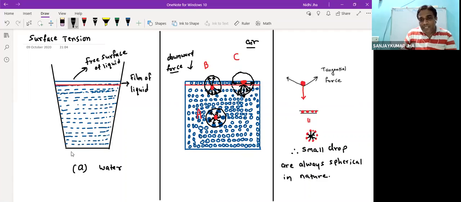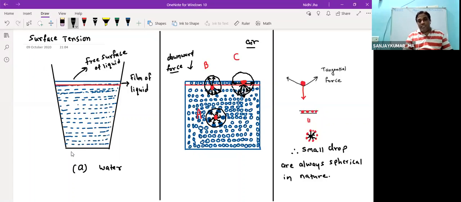That ability to exert tangential force is measured in terms of the surface tension of a liquid. Molecule C is highly unstable, and because it is unstable, it always exerts a tangential force to balance. So molecule C is always under tension.